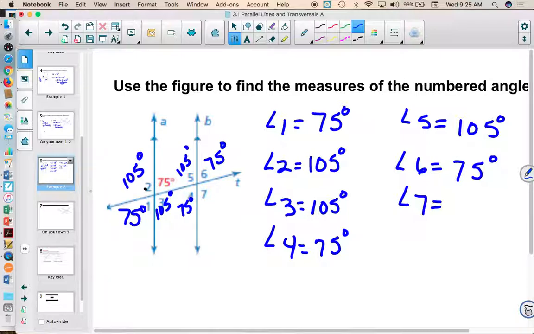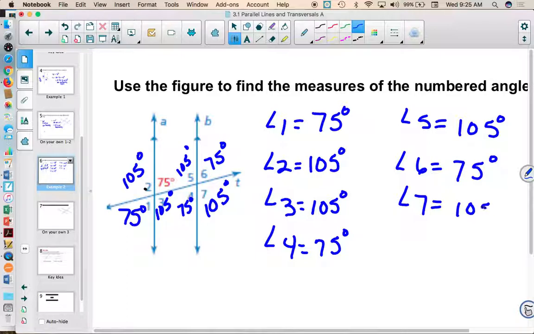What is the vertical angle to angle 7 here? So what's my measurement? 105 is correct.